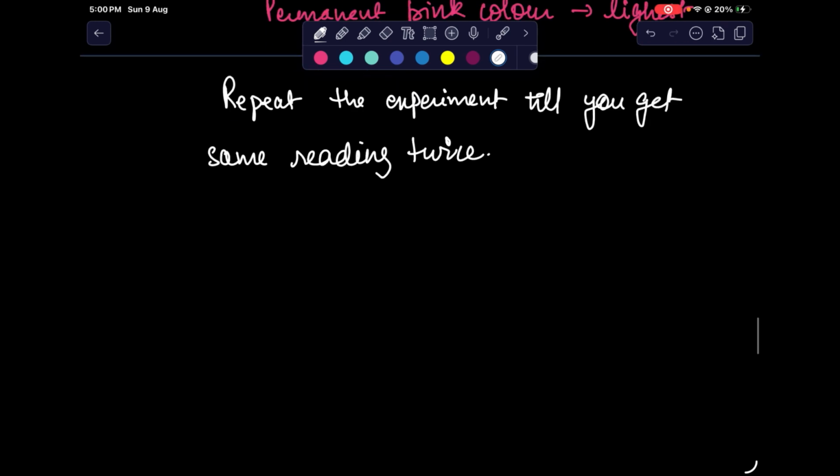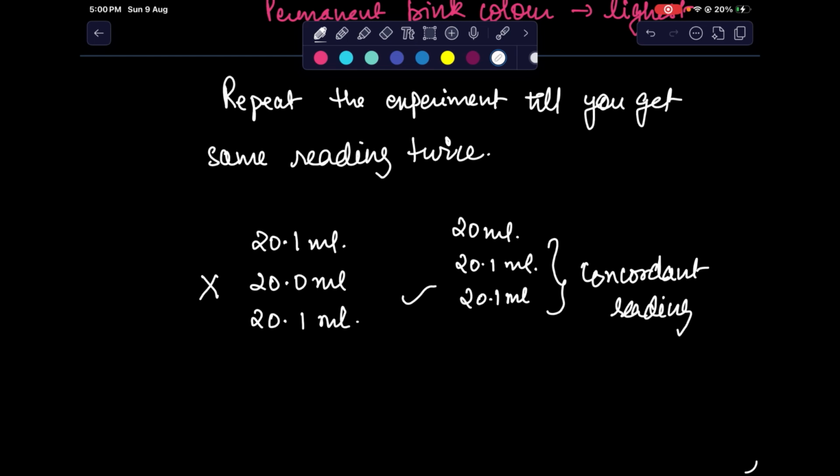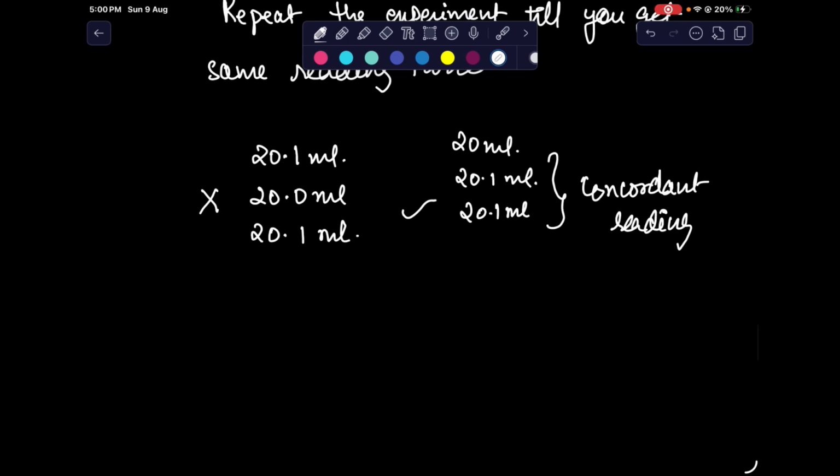Let's say my first reading was 20.1 ml, and then the second reading is 20 ml, and then I get 20.1 ml. So all of this is wrong. If I get 20 ml, and the second is 20.1 ml and the third is again 20.1 ml, then this is the correct reading, known as concordant reading. Concordant reading means two readings which are the same and continuously the same.